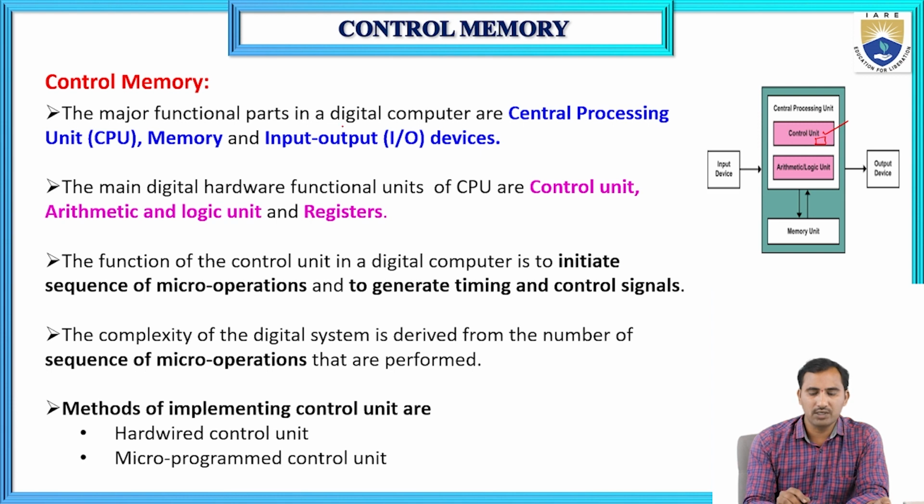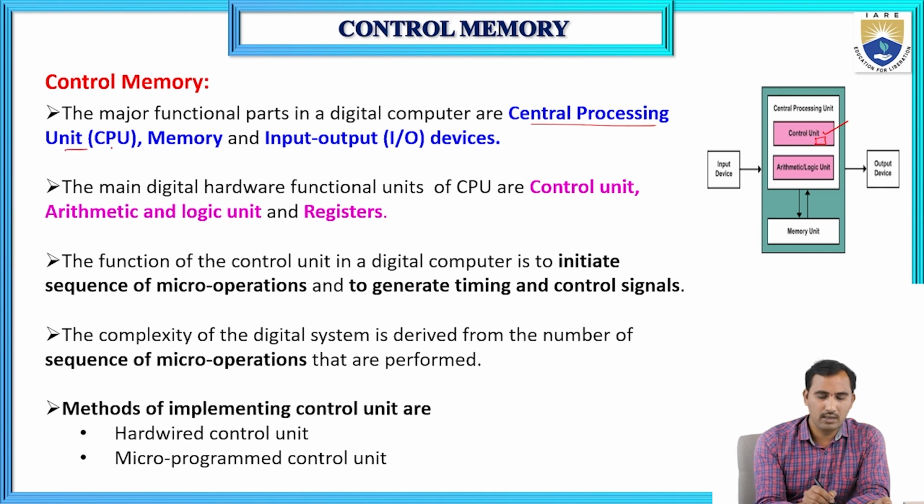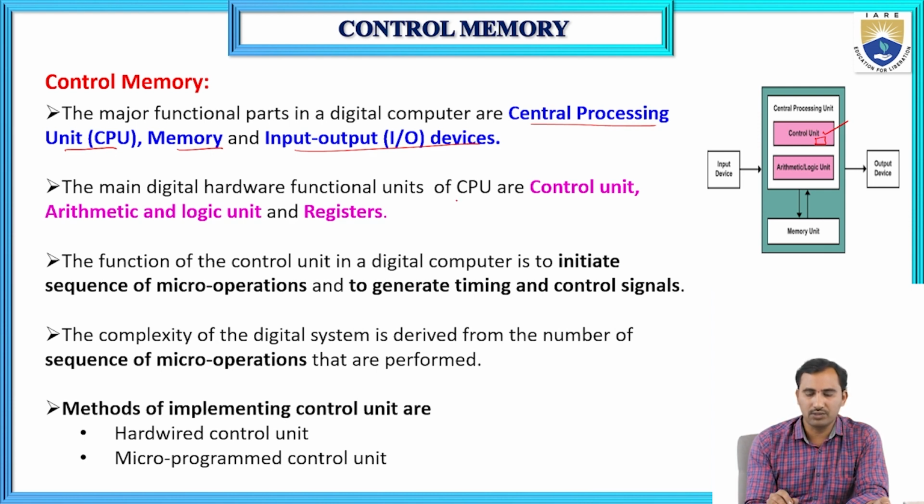The major functional parts in a digital computer are the CPU, central processing unit, memory, and input or output devices. The main digital hardware functional units are the control unit, ALU, and the registers. These are the 3 important parts of the CPU.